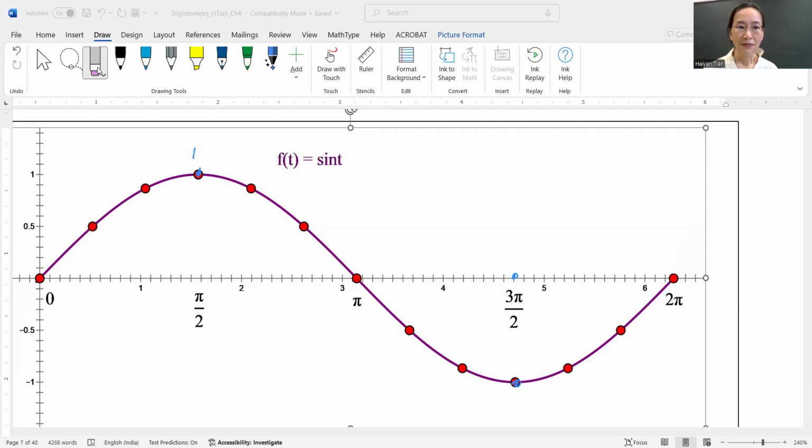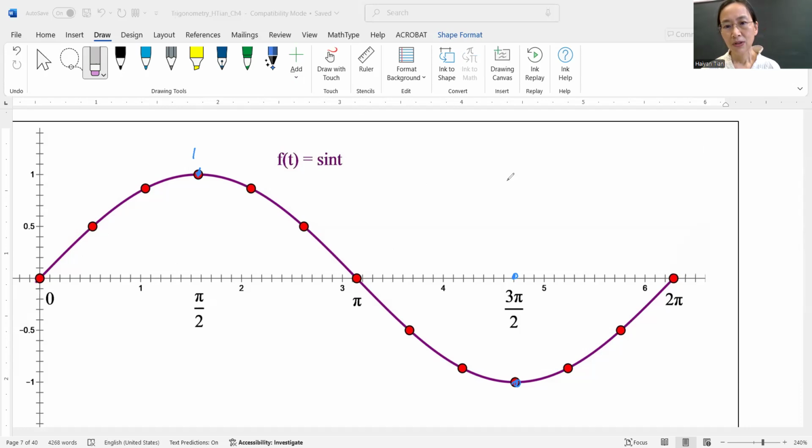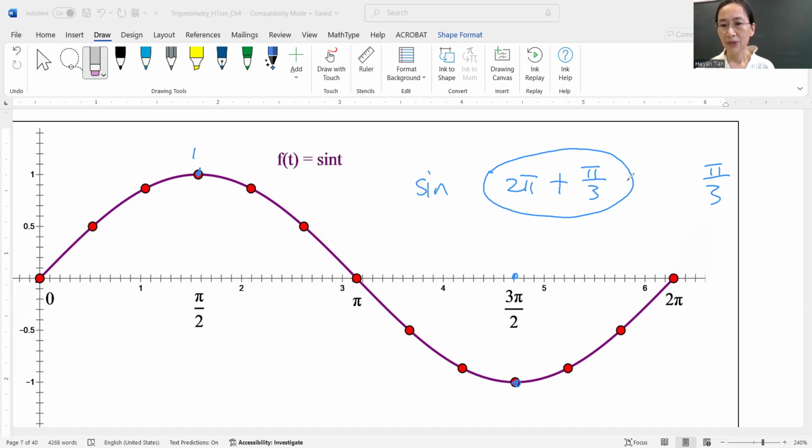So yeah, you can have values bigger than 2 pi, etc. You can make it as large as possible, but the behavior will repeat because we know that if we have reached 2 pi and then we add another pi over 3 or pi over 6, and we know that this has the same sine value as pi over 3, right? So if we do the sine of this angle, we will have the same sine value as pi over 3.